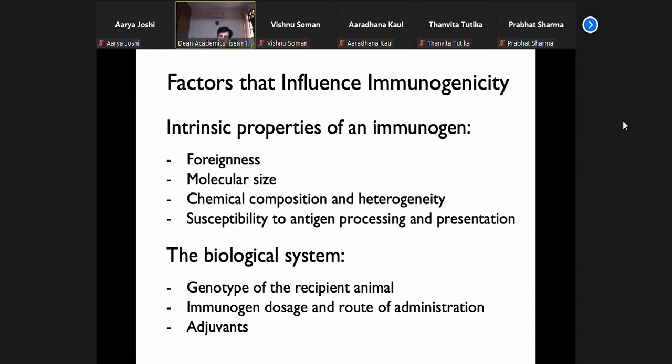This iron rod is foreign in nature, but you will not generate an immune response against it because it is inert. It does not have heterogeneity in chemical composition, and it cannot be degraded by your cells so that those things can be presented to your T cells or B cells, and eventually B cells and T cells make the effector responses. So degradation is also very critical.